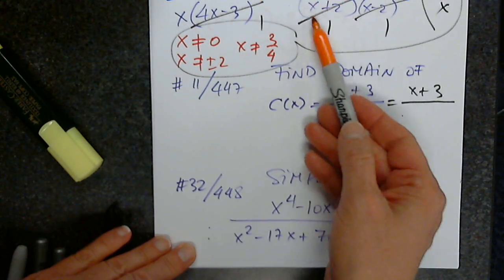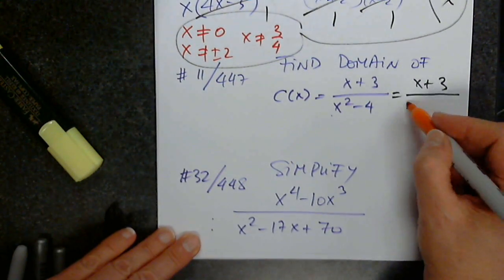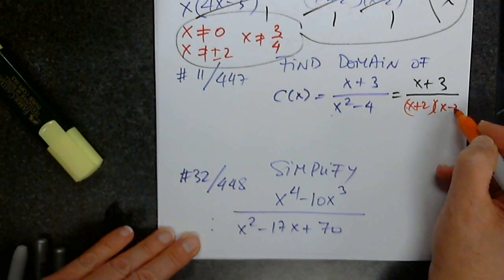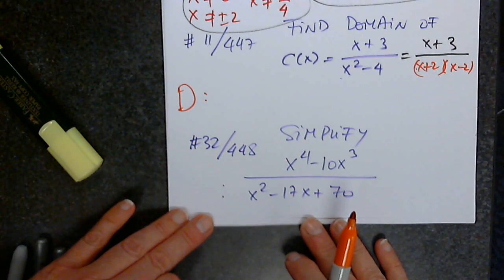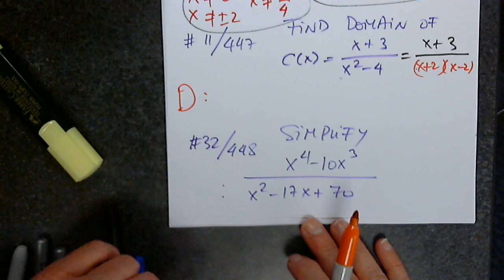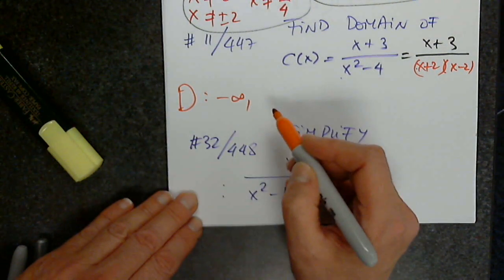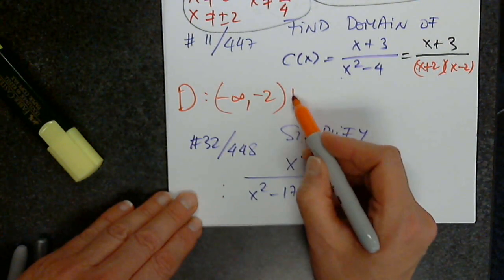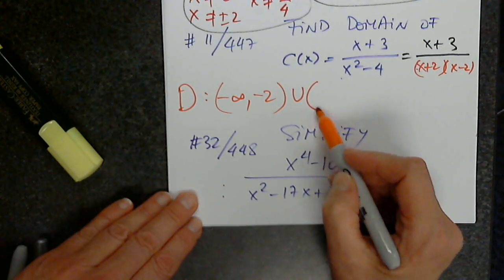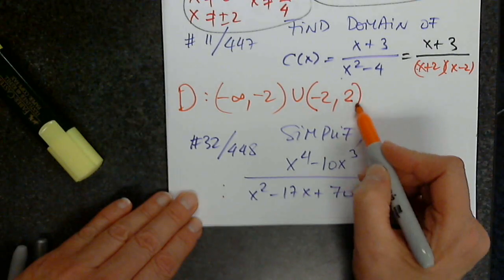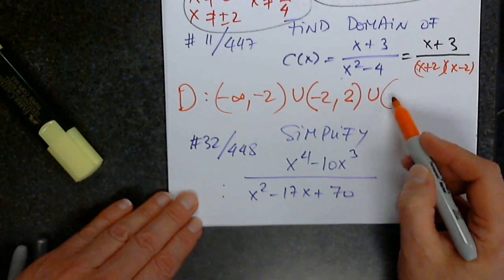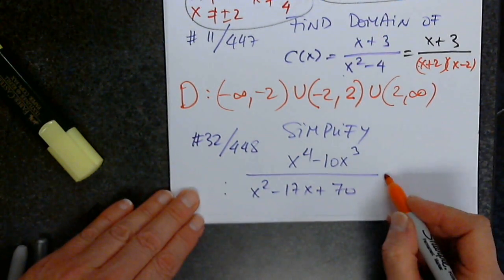We just factored it here a minute ago. Yeah, it's x plus 2 times x minus 2. Good. So therefore, the domain of this function is negative 3 to negative 2, negative 2 to 2. Very good.